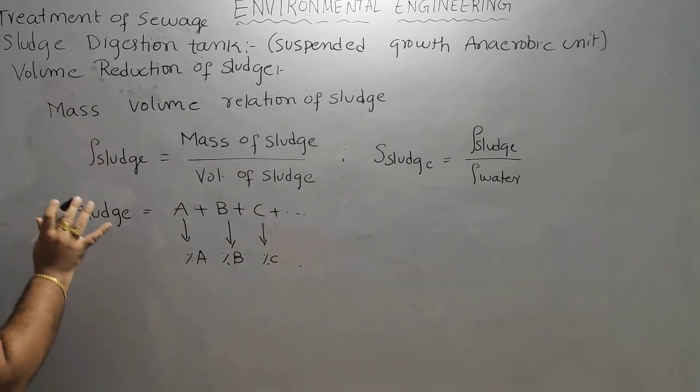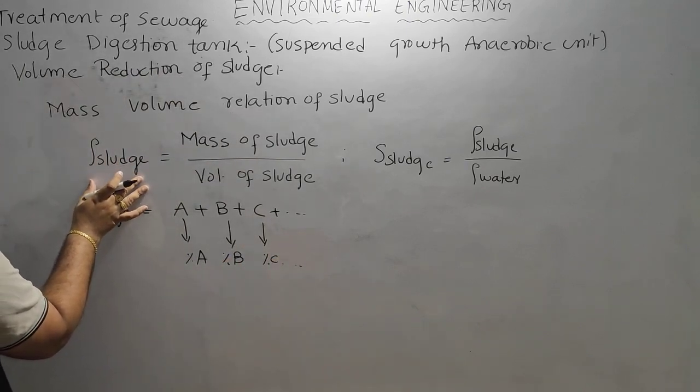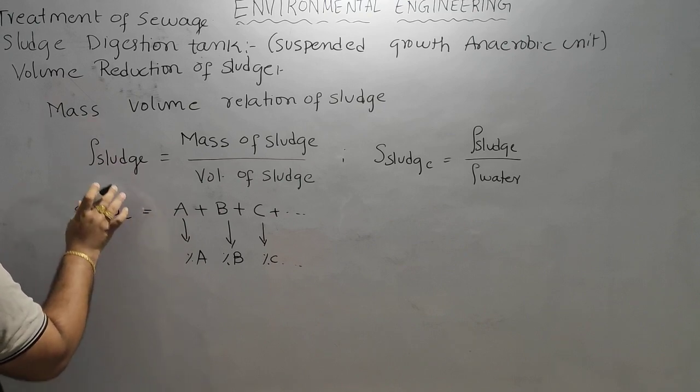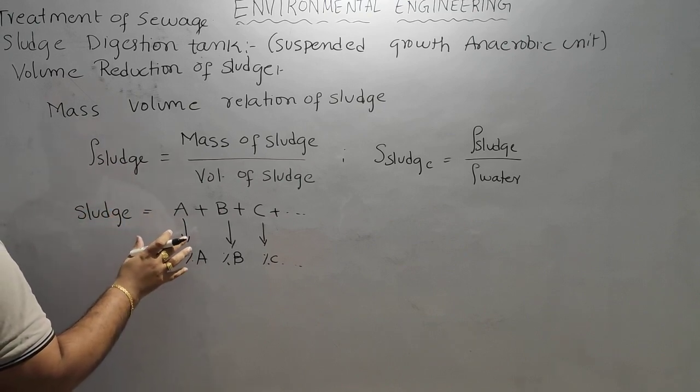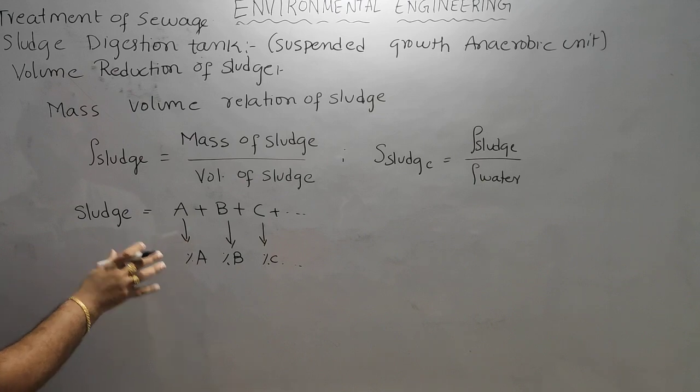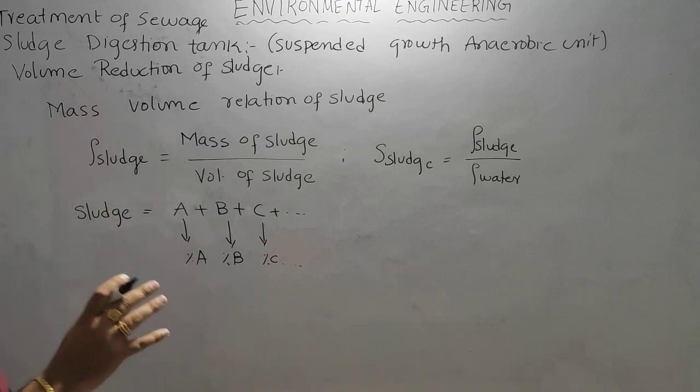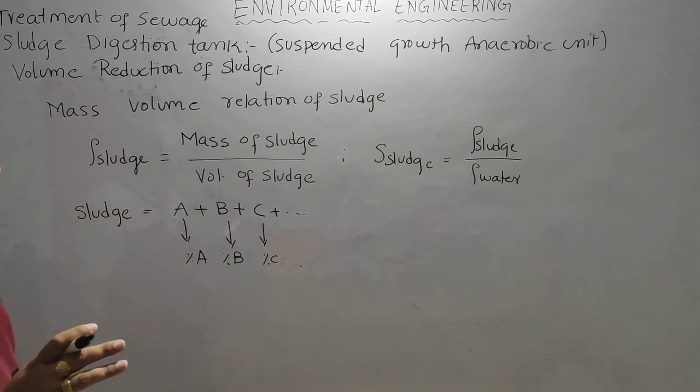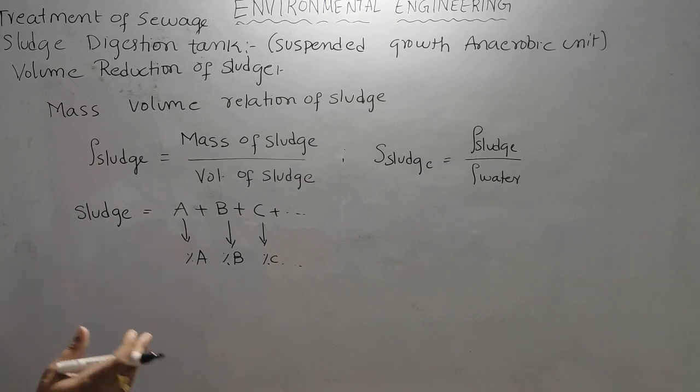So the density of the sludge is dependent on the density of the materials in it. Sludge is a combination of different materials, and the organic matter may be coming from any material.